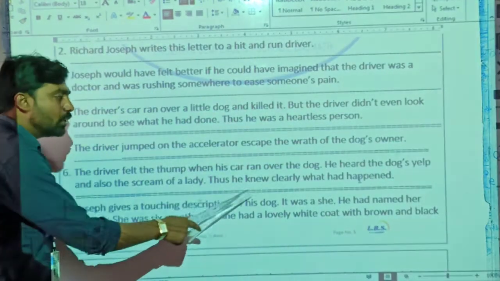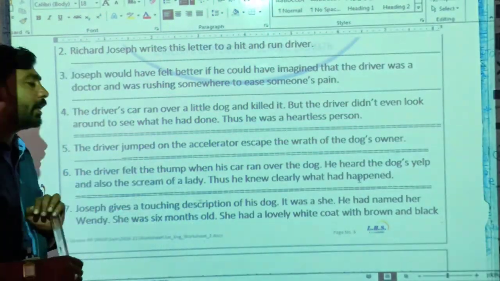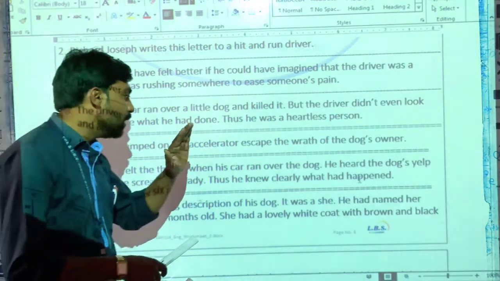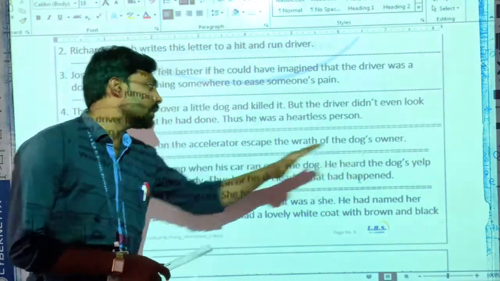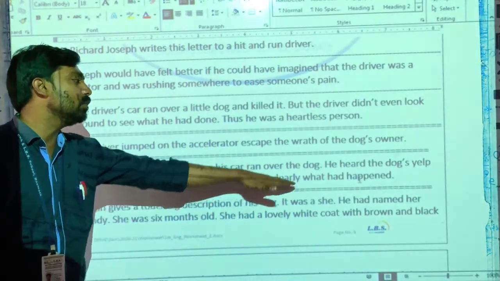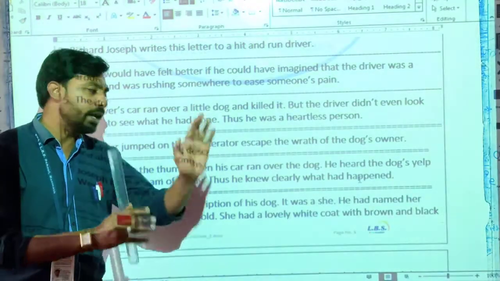Thus he knew clearly what had happened. So he jumped on the accelerator and ran away from there.